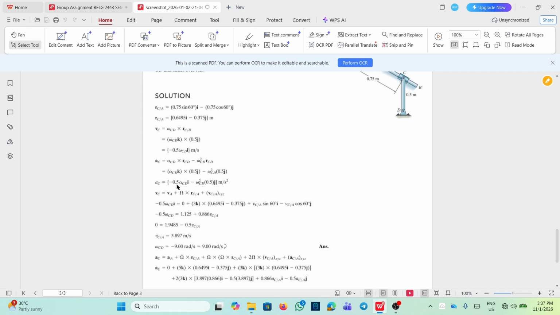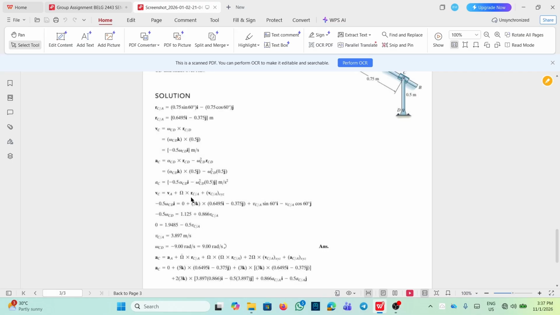Because point C is sliding along AB, we must use the relative velocity equation to calculate VC, which is VC equals VA plus omega times RCA plus VCA xyz. Point A is fixed, so its velocity is 0. The relative velocity VCA acts along the direction of rod AB.